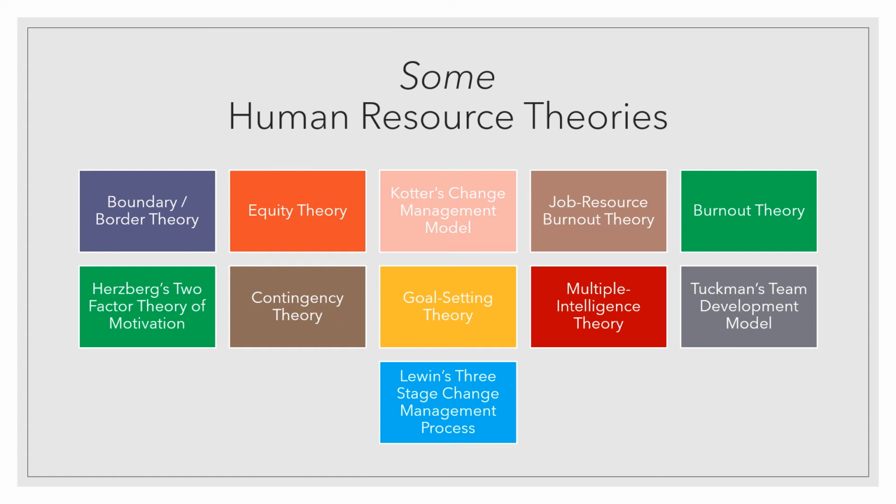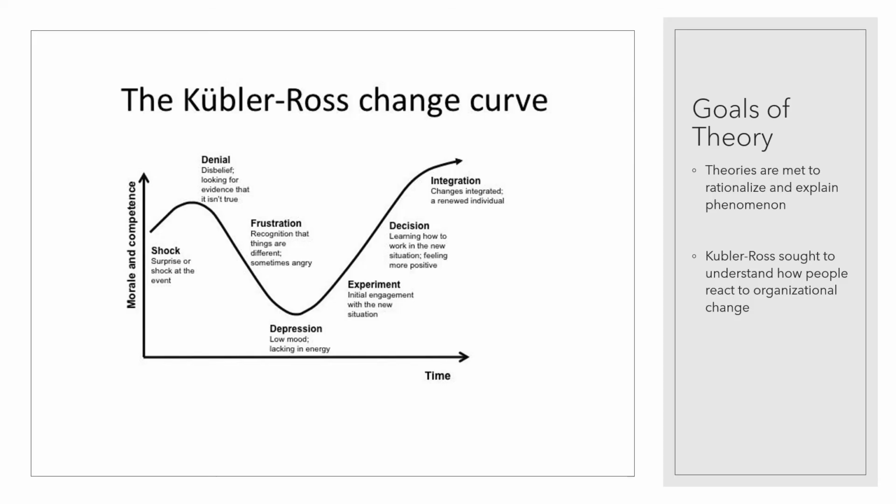Because it needs to understand individual behavior, it borrows from psychology. Because it is social systems, it borrows from sociology. It also borrows from organizational behavior, economics, and labor relations.